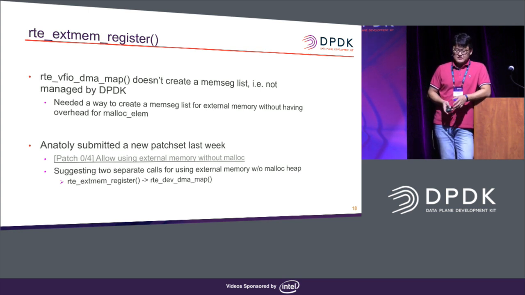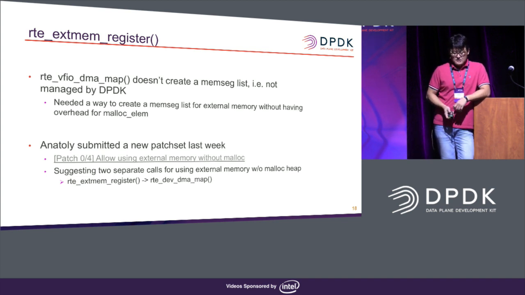It basically registers your external memory and creates the memseg and memseg list, but it doesn't generate memory events for allocation and free, because he wanted people to have two separate code paths.